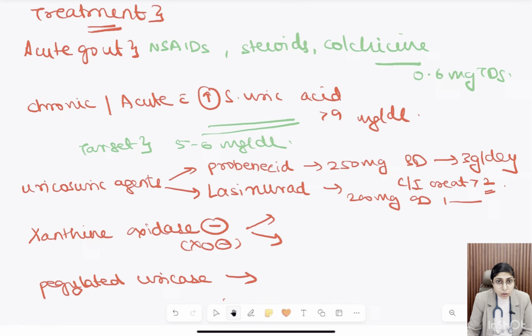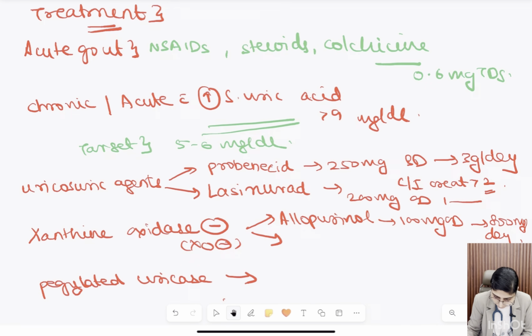Then coming to xanthine oxidase inhibitors, allopurinol, we all know about it, we all have heard about it. The dose is 100 milligram once a day, can go up to 800 milligram in the day. So 100 milligram once a day to 800 milligram once a day. That is all about allopurinol.